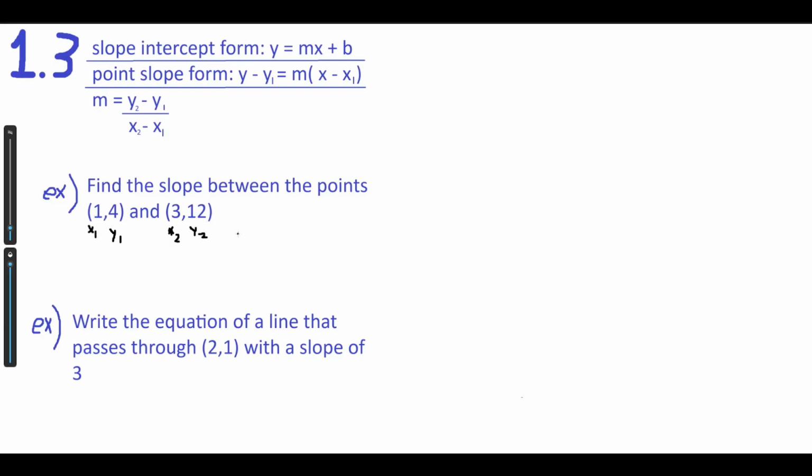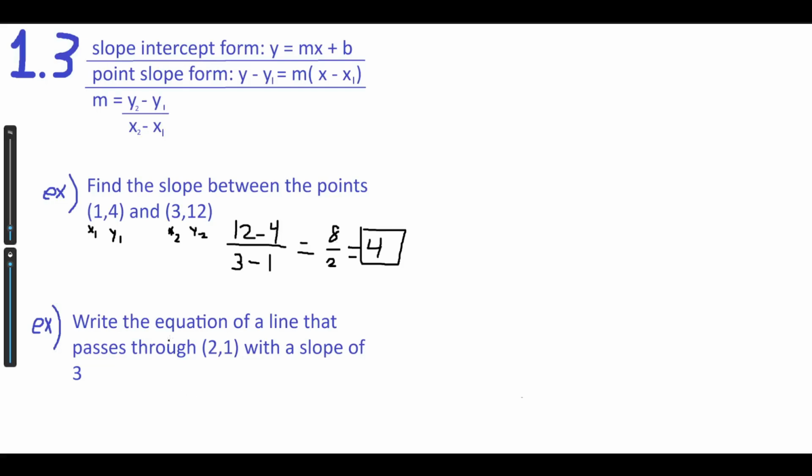To rewrite that, we would just do 12, which is y2, minus 4, which is y1, over 3, which is x2, minus 1, which is x1. And if we simplify, we get 8 over 2, which is equal to 4. So our slope here is 4.